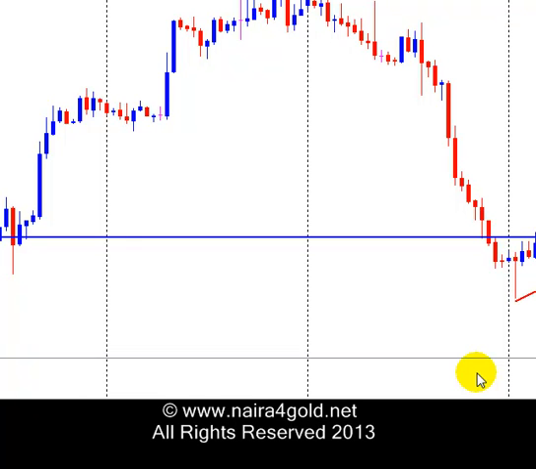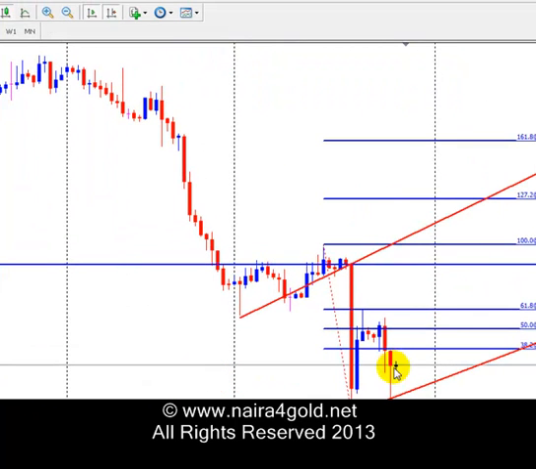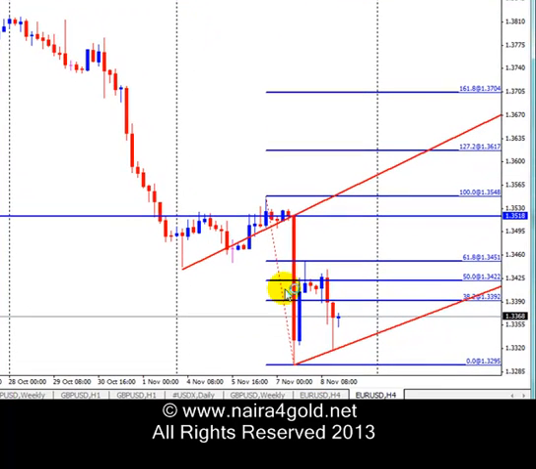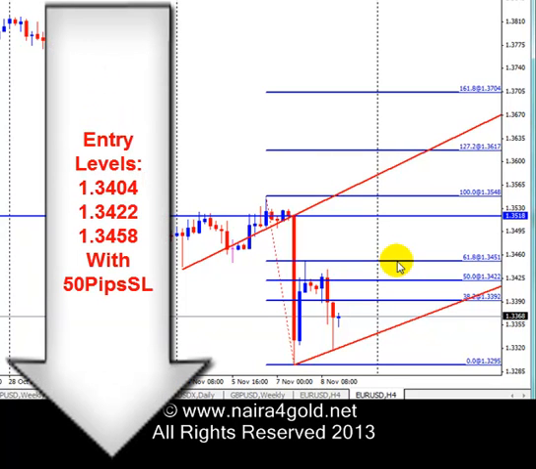Okay, so please, I want you to be careful. We're going to pick just these three positions, and perhaps two, because for any sell around this area, you could split your position size into three. For a sell around 1.3404, 1.3422, and about 1.3458 levels, with a stop loss of perhaps 50 pips or thereabouts.